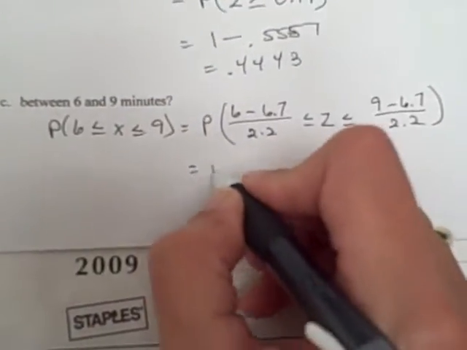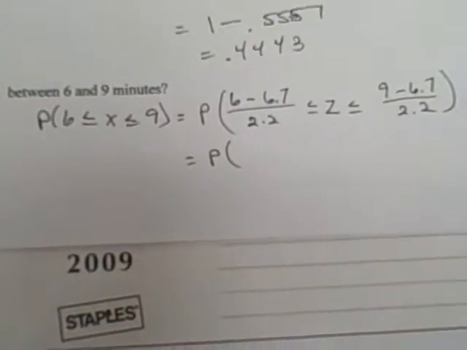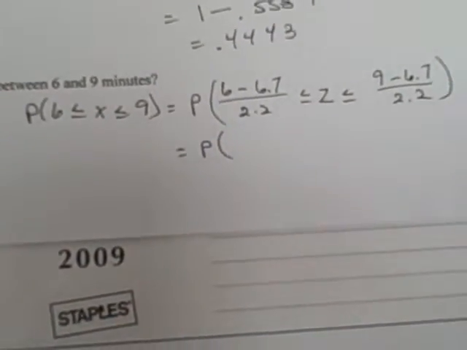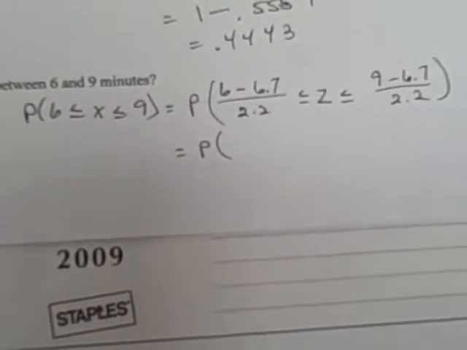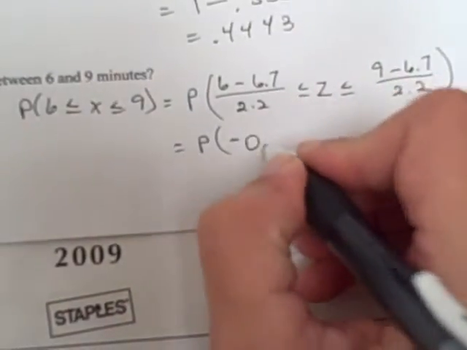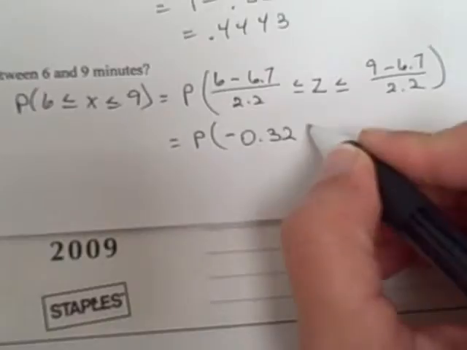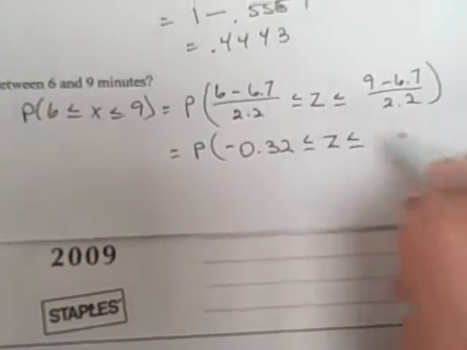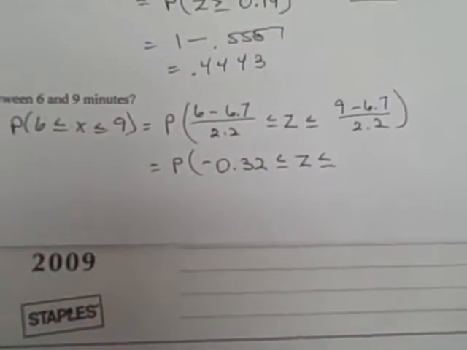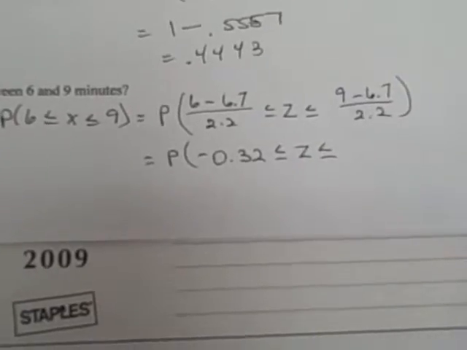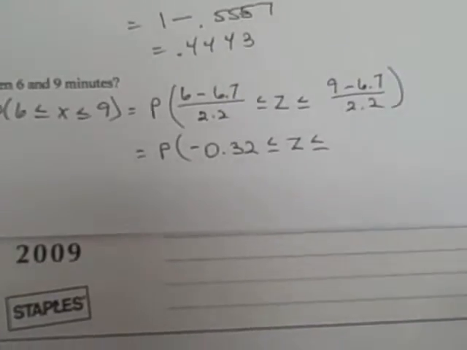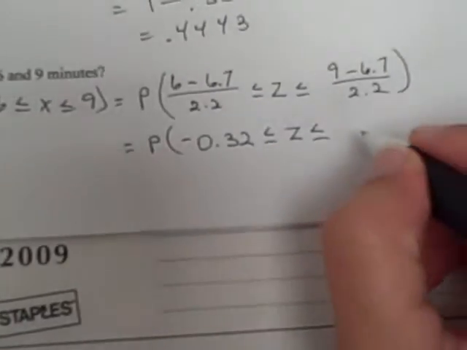Okay, so let's work these out. 6 minus 6.7 divided by 2.2, I get negative 0.318, so negative 0.32, is less than or equal to z is less than or equal to, and then 9 minus 6.7, all divided by 2.2, it goes 1.045, so 1.05.